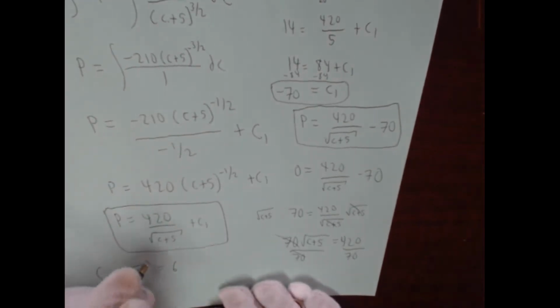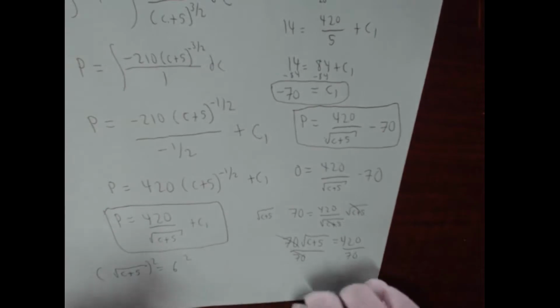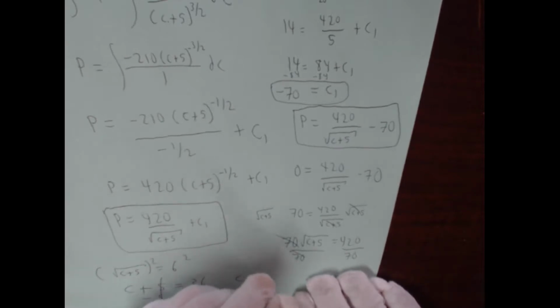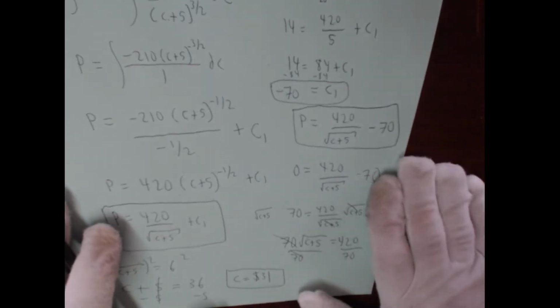Almost done. Square both sides. C plus 5 is equal to 36, and then just move the 5 over. So when our cost is 31, that means we have finally hit our break-even point, and that is indeed the answer. So if you have any questions on that, please email me.